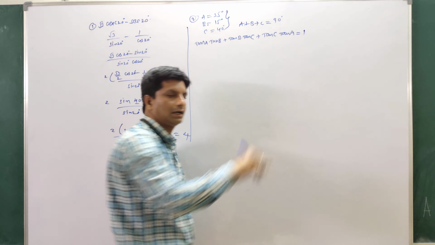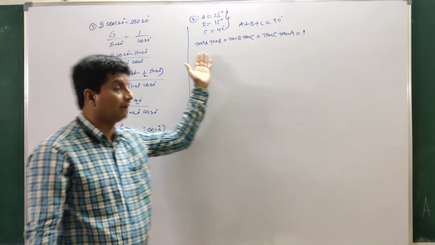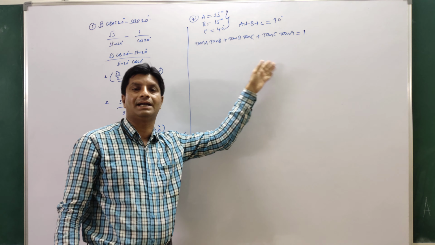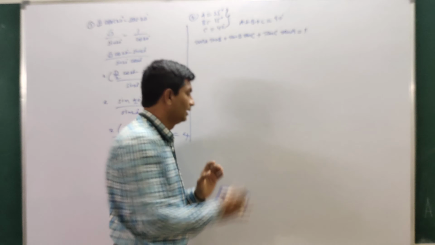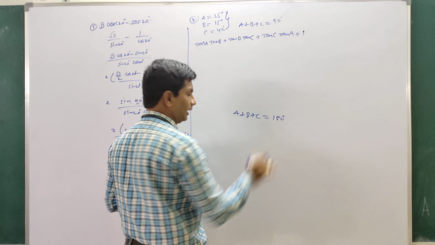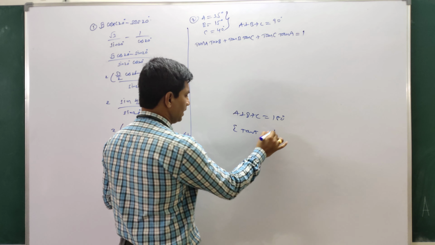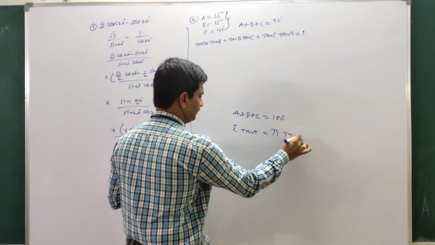So the answer is directly 1. Whenever A plus B plus C equal to 90 degrees, the value of tan A tan B plus tan B tan C plus tan C tan A equals 1. Remember, if A plus B plus C equal to 180, then sigma tan A equals pi tan A.